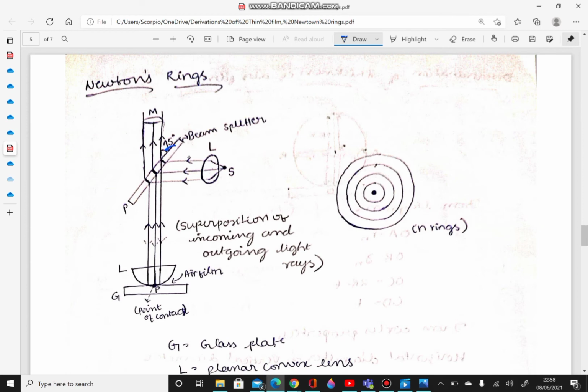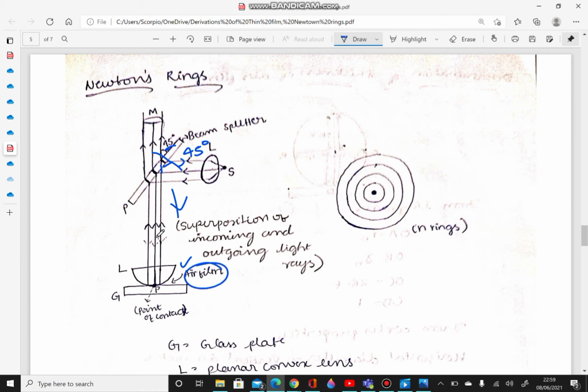Since the parallel beam of light is also incident at an angle of 45 degrees, it also reflects at an angle of 45 degrees, thus it goes straight down towards this planar convex lens, where we take the air film.